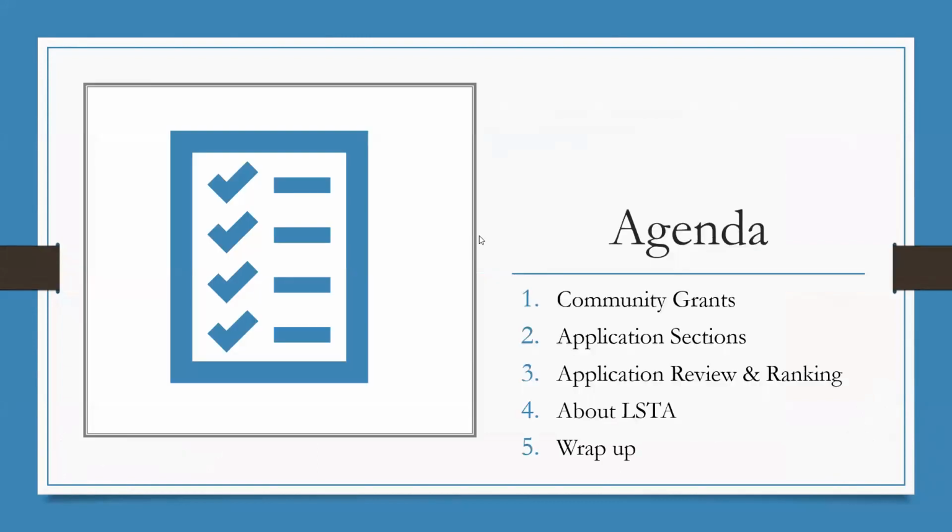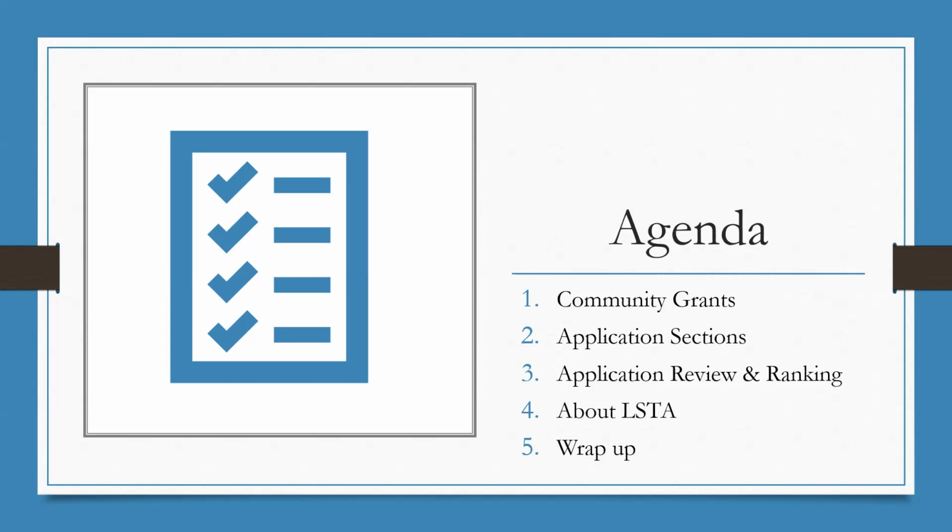And here we go, here's our agenda. So first off, I want to talk about community grants. You've probably all seen it through your proposal. If you haven't, we'll just go over bits and pieces of it and I'll tell you a little bit of background about it. Then the application sections. The application is, by nature of being online in community grants, slightly different than in previous years.